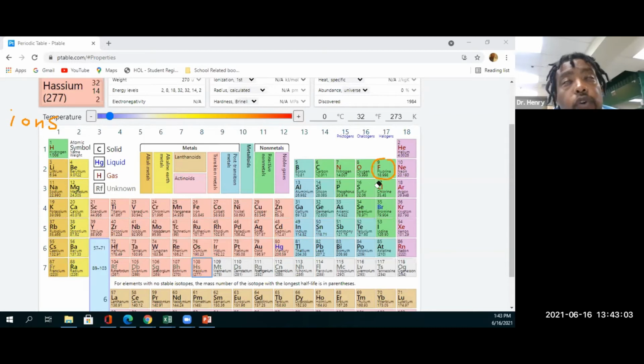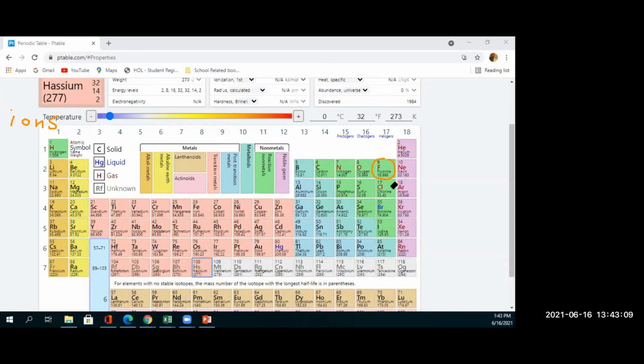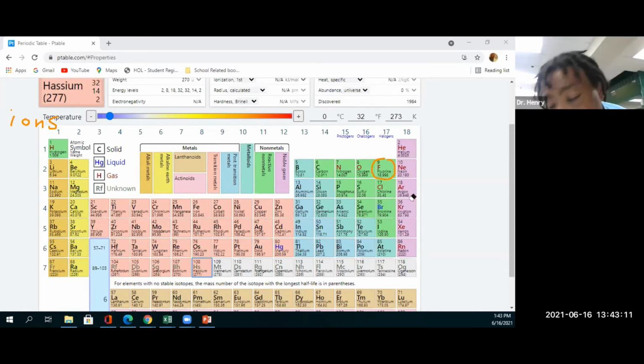How many electrons does fluorine have? 9. It has 9. How many electrons does neon have? 10. So how many electrons does fluorine need to gain? 1. Okay, so fluorine needs to gain 1 electron to be like neon.